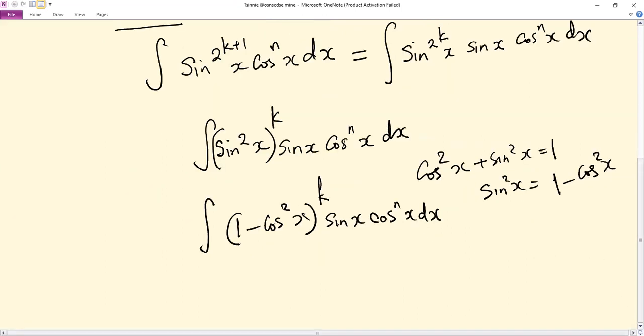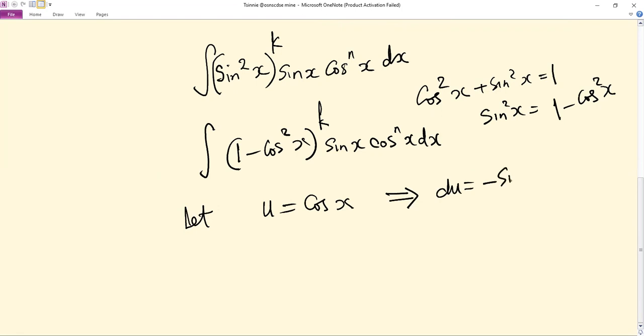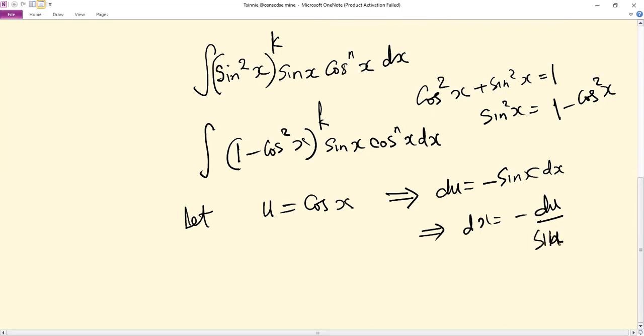And you make the substitution, let u be cos of x, which implies du is negative sine x dx, which implies that dx alone is negative du over sine of x.